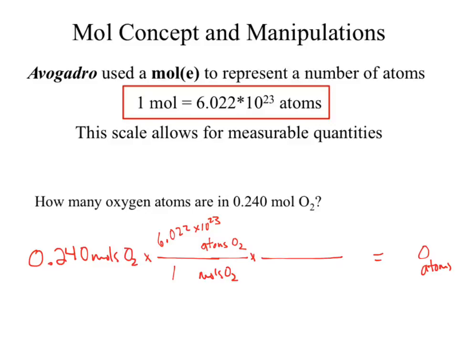Here's where, how do I convert atoms of O2 into atoms of O? Two atoms of oxygen are in one, quote unquote, atom of O2. You have to use the formula to do your conversion.